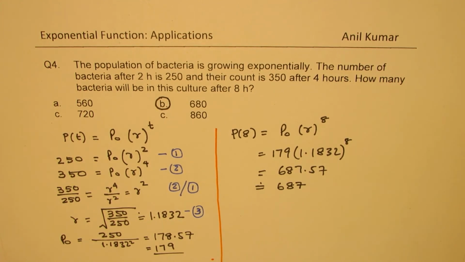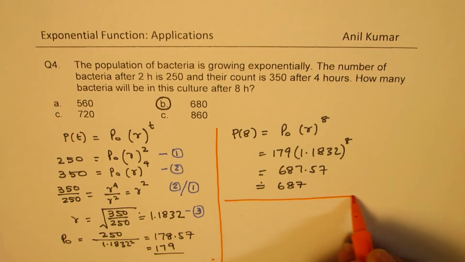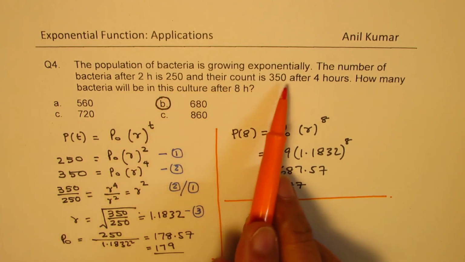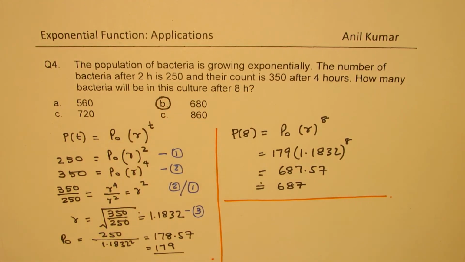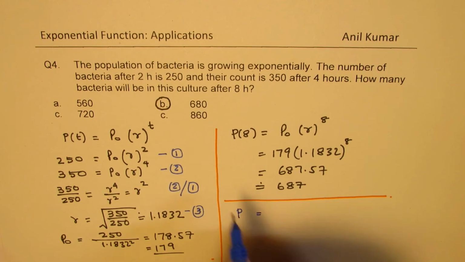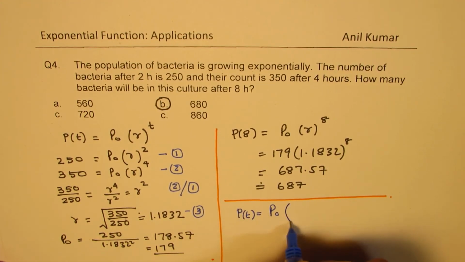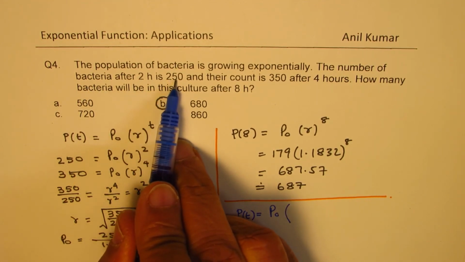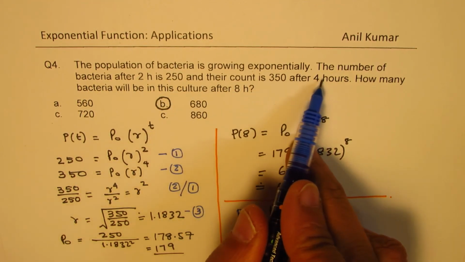So that is how we can actually do the calculations and find our answer. You could actually also use the strategy which we used earlier, and that is to get a formula with the given information: in 2 hours, how many times it gets multiplied, right? So we could also use this, that the population is basically the initial population, and in 2 hours, the bacteria after 2 hours is 250 and their count is 350 after 4 hours, right?